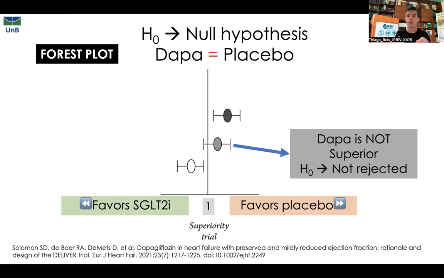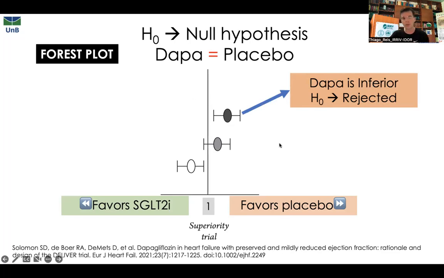So we cannot refute or reject the null hypothesis. The null hypothesis is true in this case. The drug does not change outcomes. Or we could have the result that placebo is better than the drug. So we can also conclude that this drug is harmful to patients.